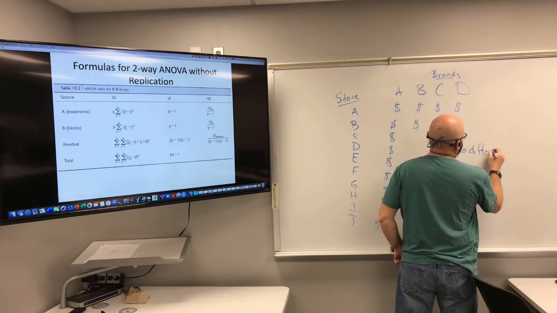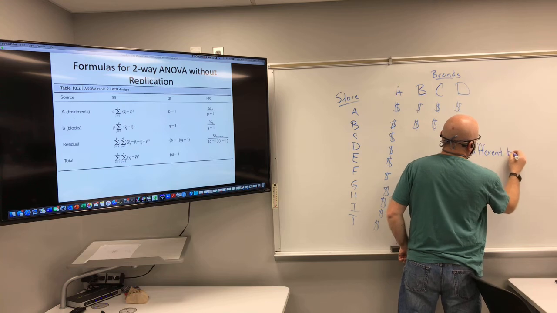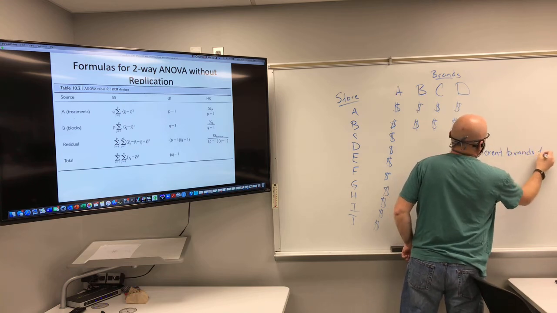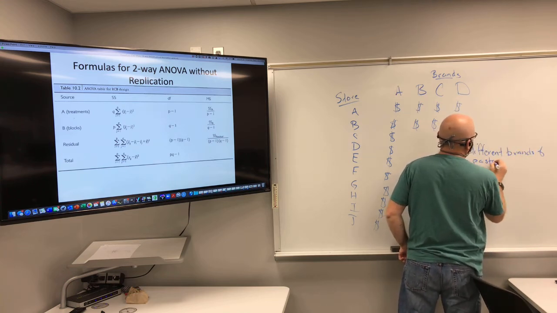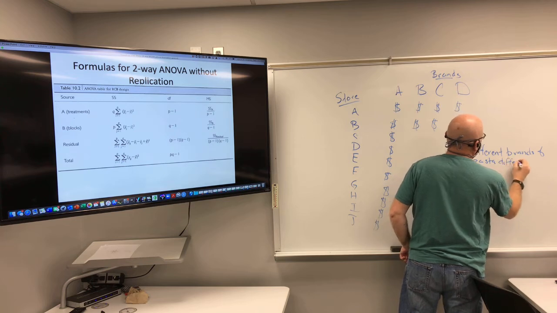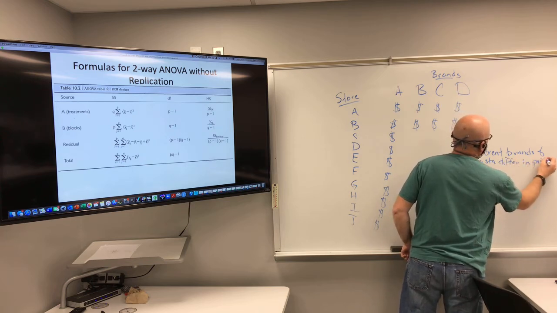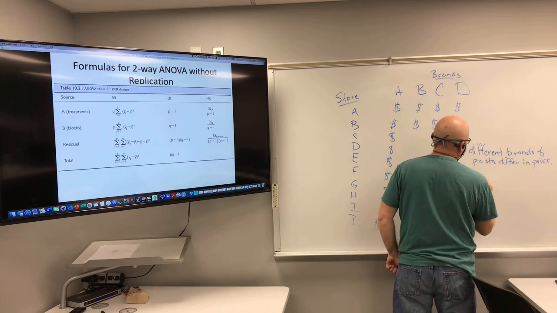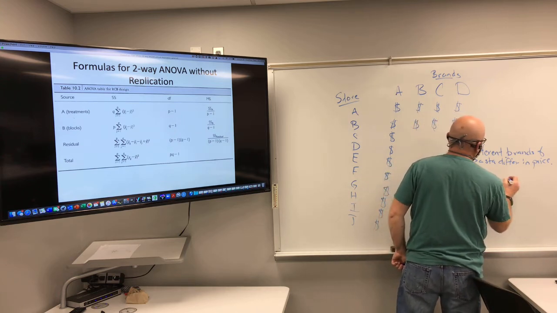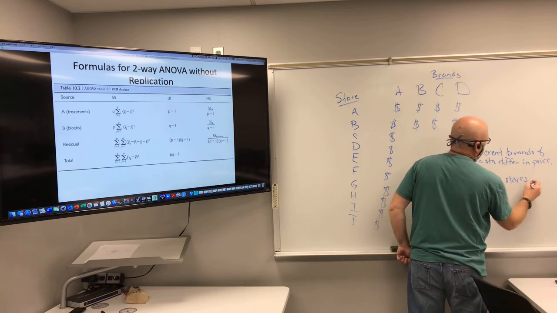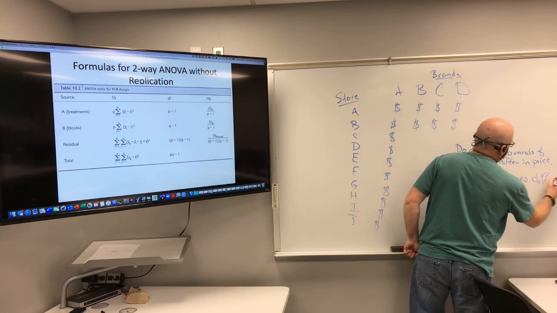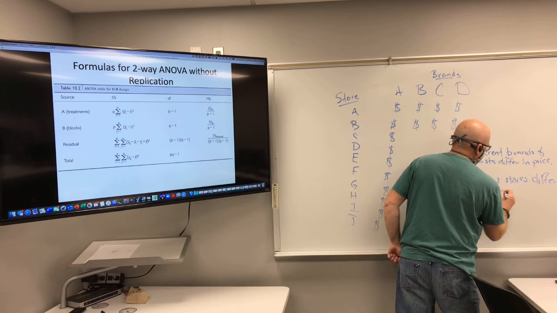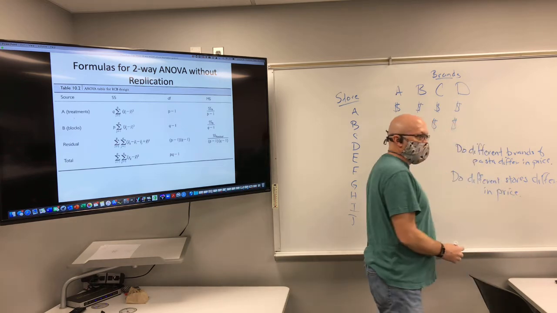Anyway, so we might want to know, do different brands of pasta differ? You might want also to know if different stores differ in price for this particular item, pasta.